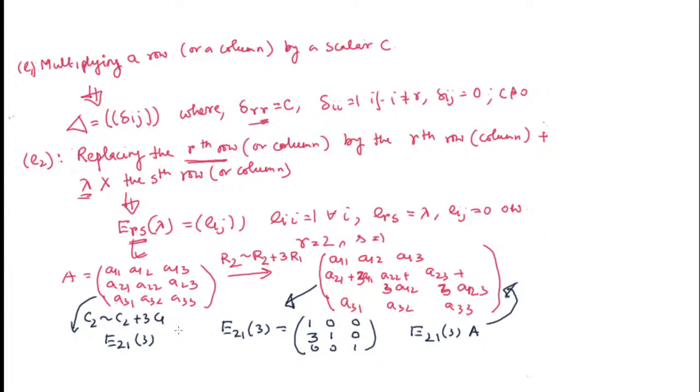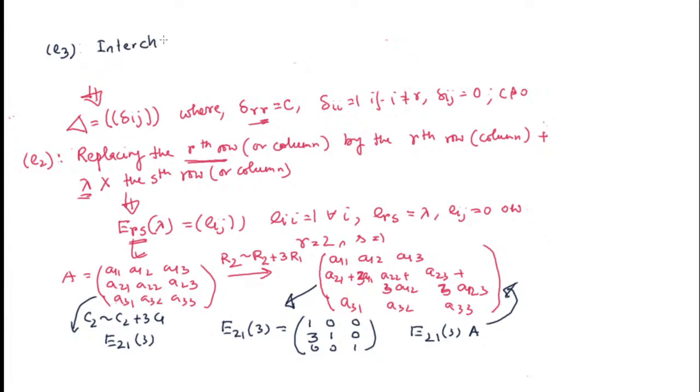Now the last operation, that is E3, interchanging two rows or columns. So this is nothing but a pre-multiplication.